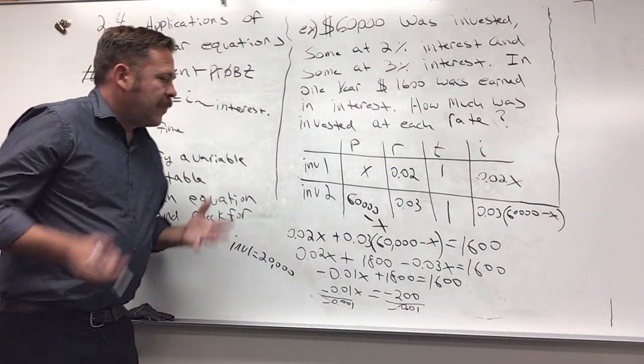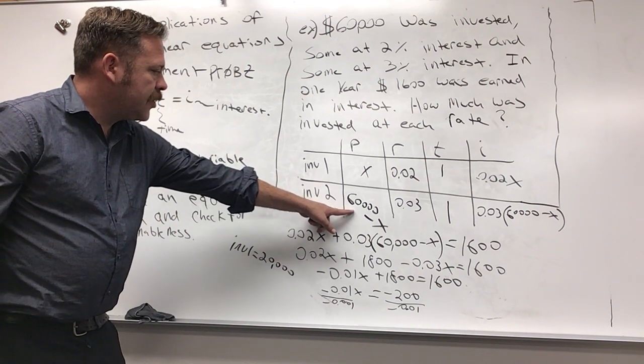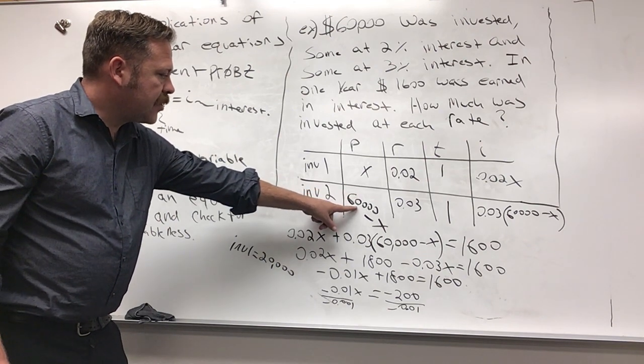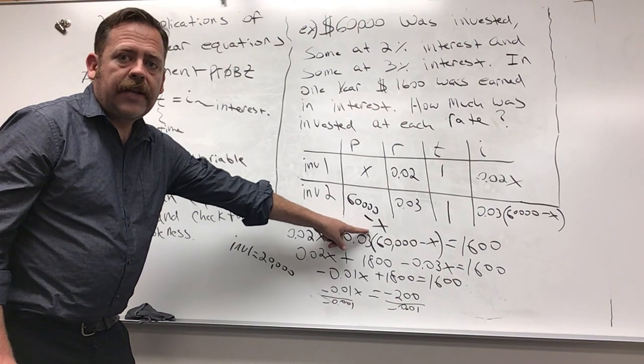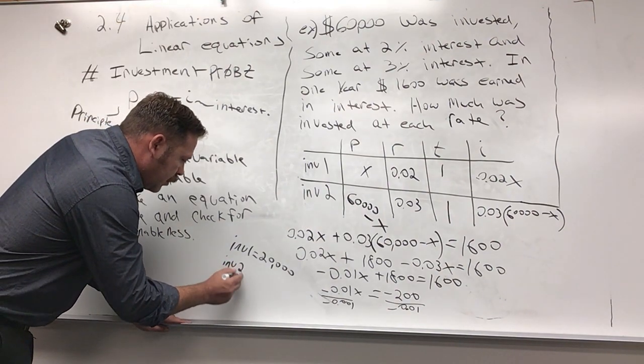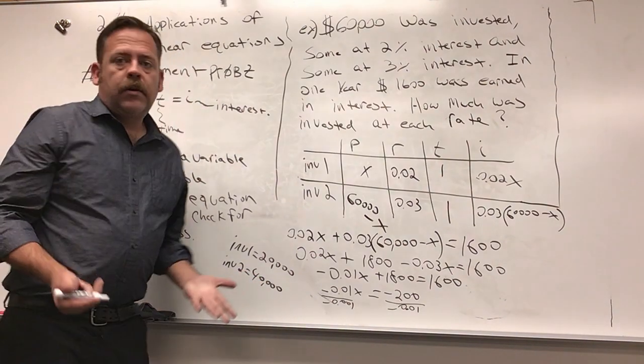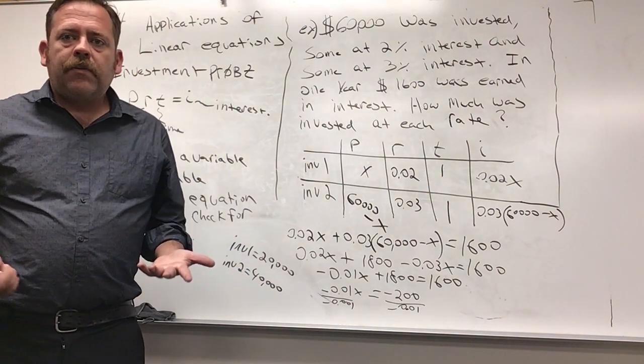And then to find out how much money is invested in investment 2, I'm going to take the $60,000 and subtract the $20,000, and investment 2 equals $40,000. Right? Is it reasonable?